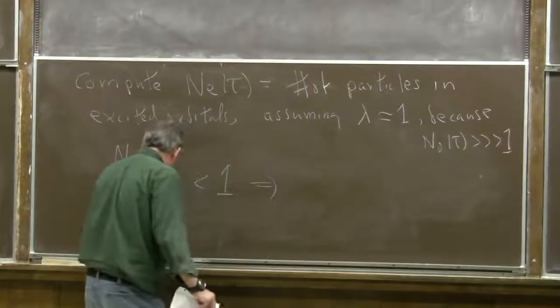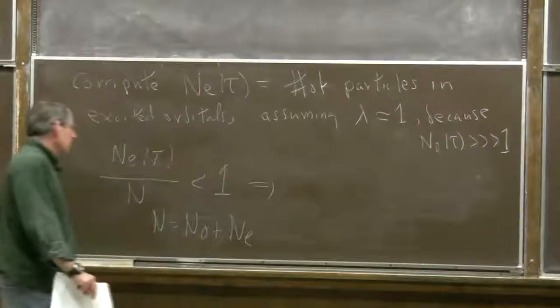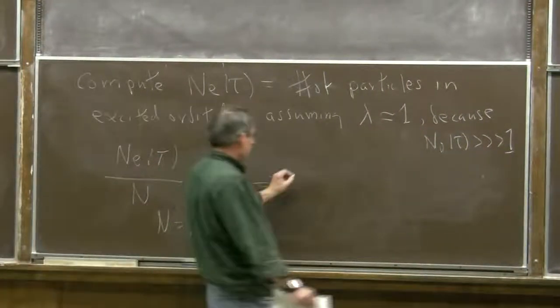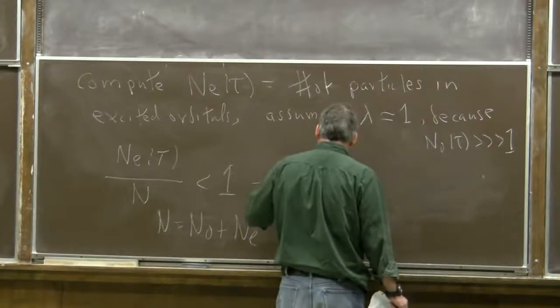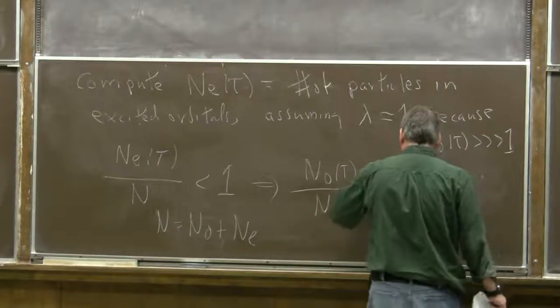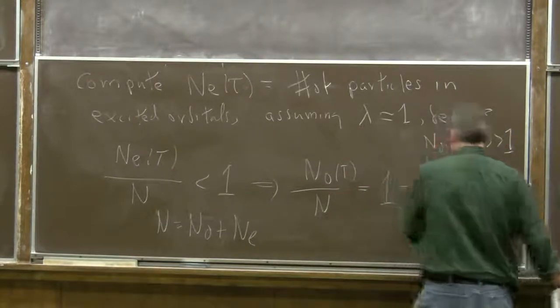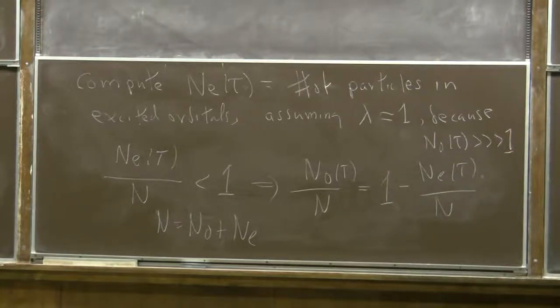N is equal to the number in the ground orbital plus the number in excited orbitals. So the fraction in the condensate, the fraction in the ground orbital, will just be 1 minus the fraction in excited orbitals. And that's how we'll figure out as a function of temperature how many are in the ground orbital.